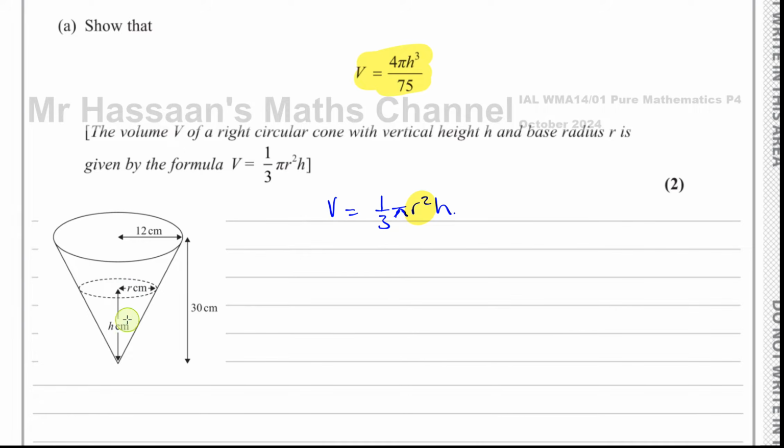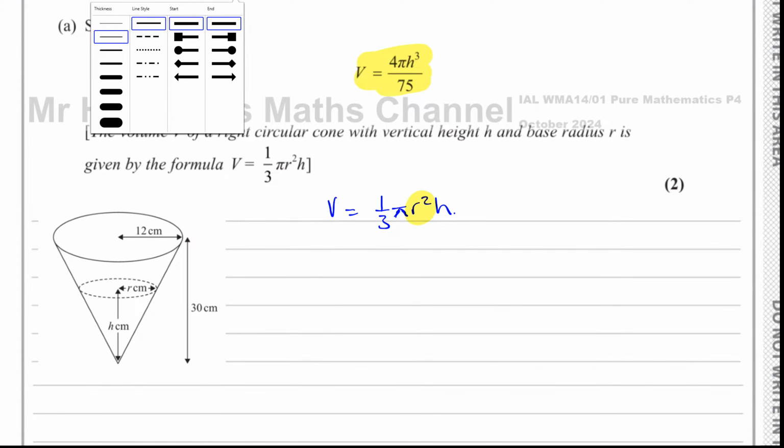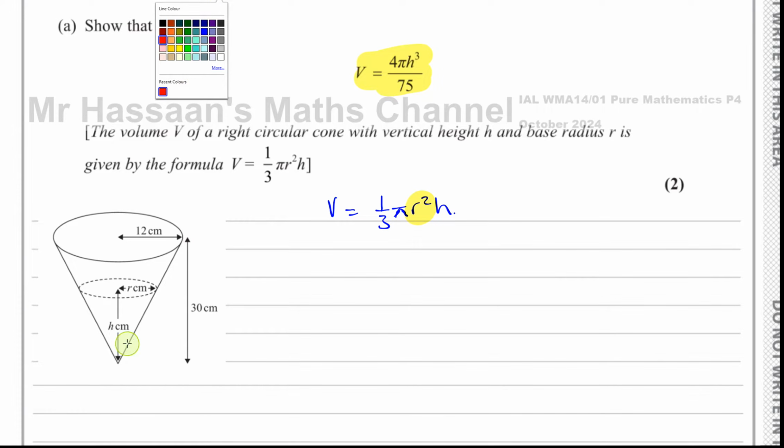Well, what we can do is think about the shape of this water and the shape of this cone. They're basically similar figures. You can make a triangle. That's like the whole cone.